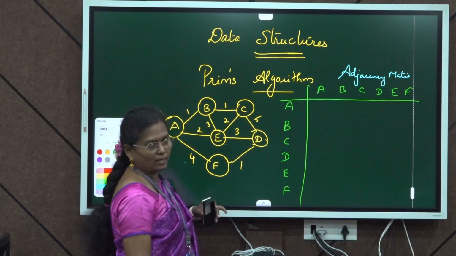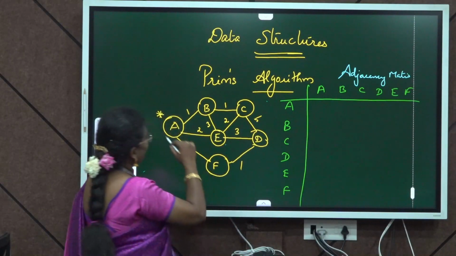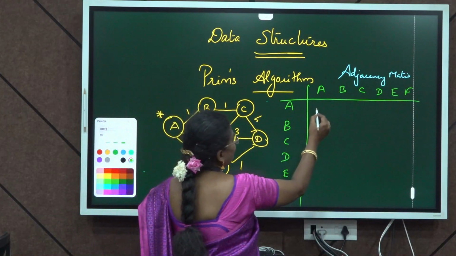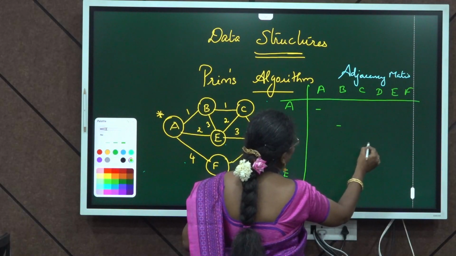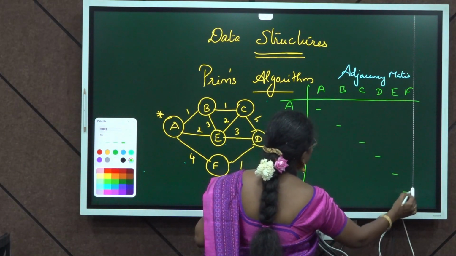Now, let me construct the adjacency matrix of this. This is not having a self path. So, all the self paths will be having no values, right.